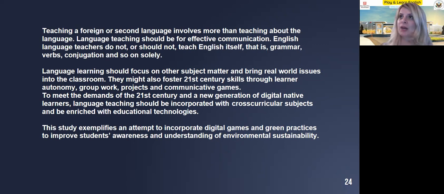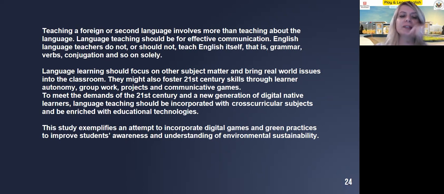I mean, the themes that we deal with can be anything actually, because the aim is communication, so we can talk about books, celebrities, or any other subject matter. We can bring real world issues into the classroom. English is the medium here, or the tool to discover.